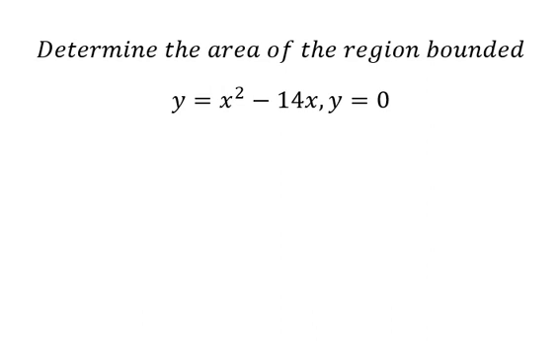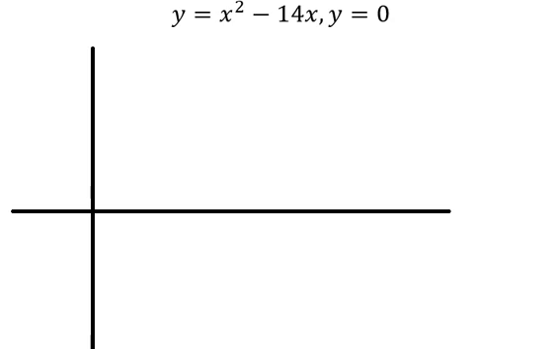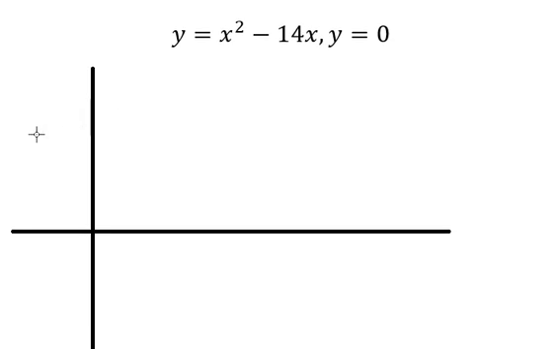So today I will show you how to find the area of this one. The first thing we need to do is graph the function. So the graph should be like this.